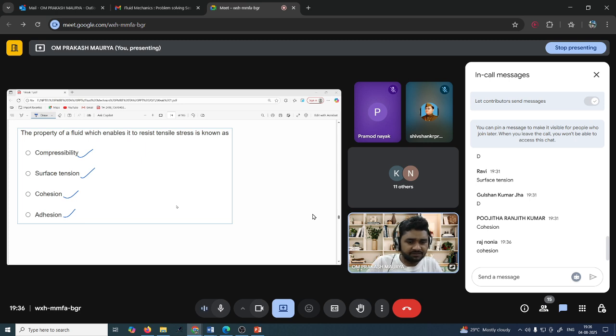Okay, Raj is telling cohesion. Other students, please also try to give your answer. Just think on that first, then try to attempt the question.